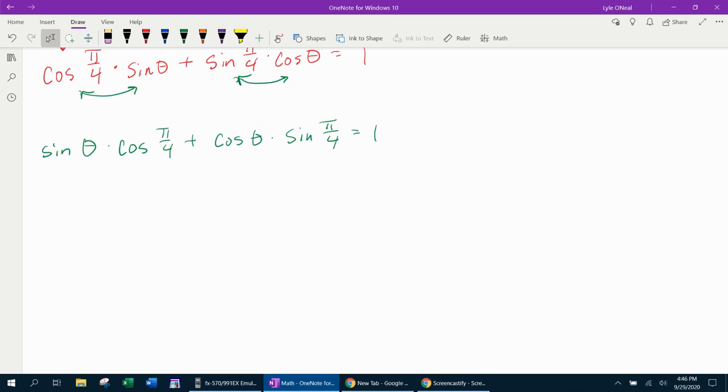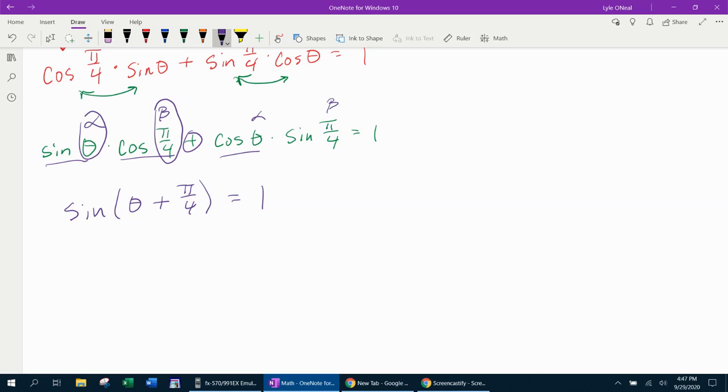And that's going to be the sum or difference formula for sine, okay, where this is alpha and this is beta. So for the sine, if it's a plus, it stays a plus. That's going to be sine of alpha plus beta equals 1. I've just applied the sum or difference formula for sine alpha plus beta. That's sine alpha cosine beta plus cosine alpha sine beta.